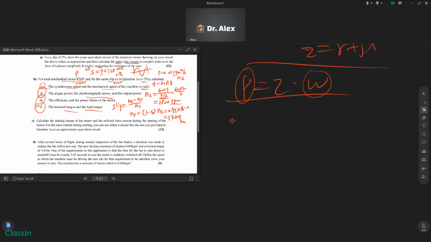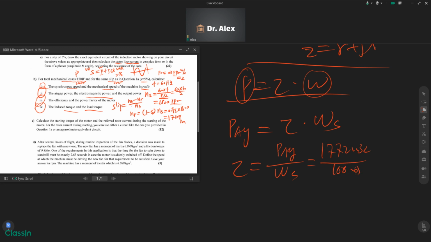So P air gap equals tau times omega stator. Now tau is straightforward because we already have the air gap power and the stator angular frequency. It is 17722.32 divided by 188.5, which is 94.02 Newton meters.